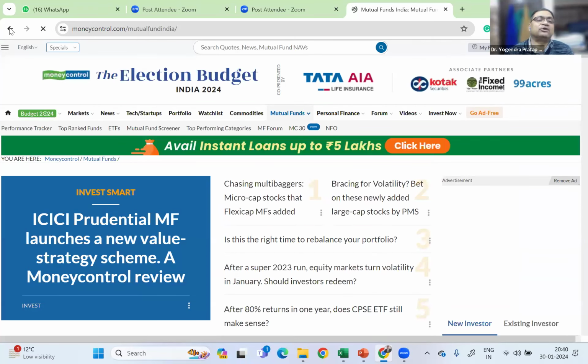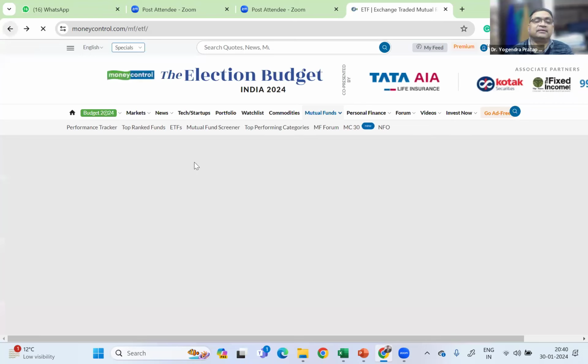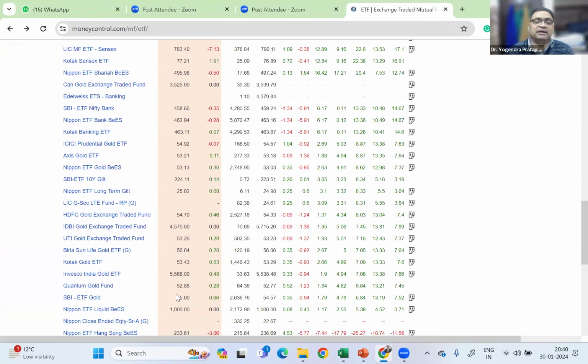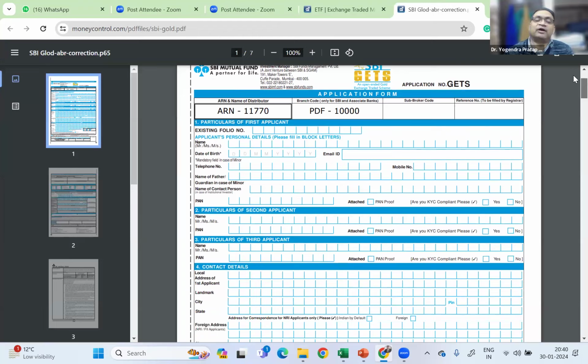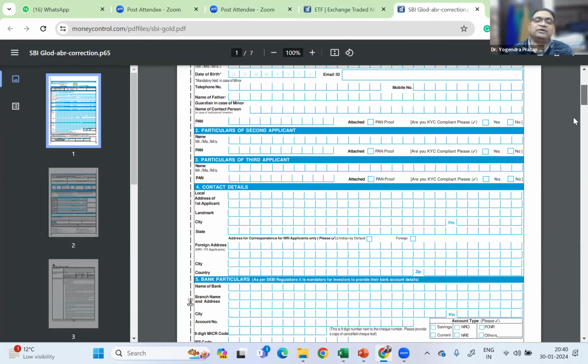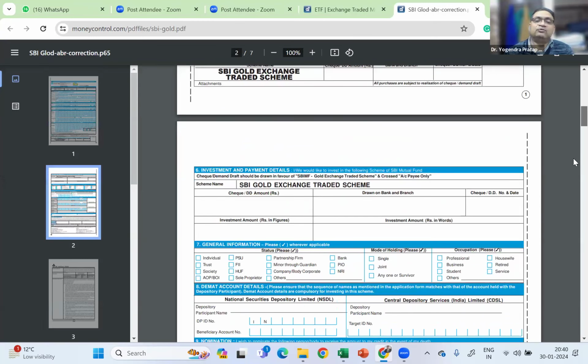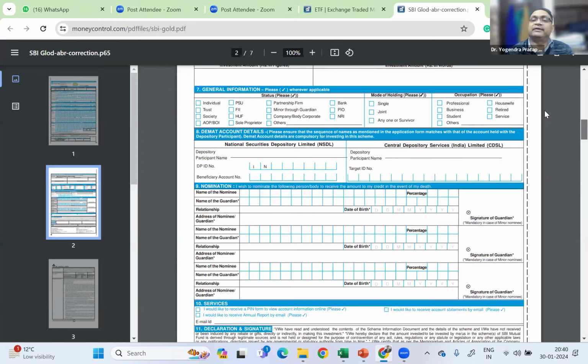Actually, there are lots of advertisements on this site, so it becomes difficult. You just see this. When you click on this, you will get the form for the purchase of the gold ETF, and when you go through it, you will find it.